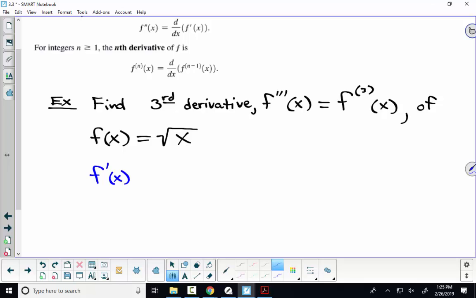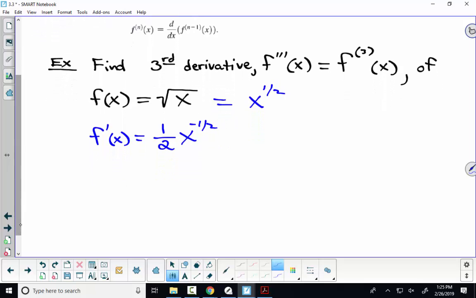Remember radicals, when we see them, we want to think about them in terms of powers, so we can utilize the power rule, so that we bring the power out front to multiply x to the 1 less power. So first derivative, 1/2 x to the negative 1/2.